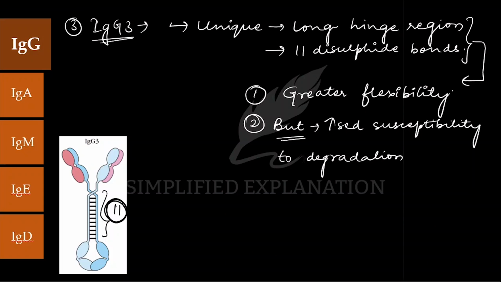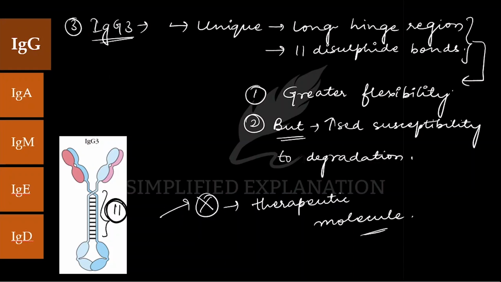Because of the long hinge region, whenever they are purified they can be easily degraded, so these cannot be used as a therapeutic molecule. Even though they have greater flexibility, at the same time they have increased susceptibility to degradation. So this was the unique property of IgG3.